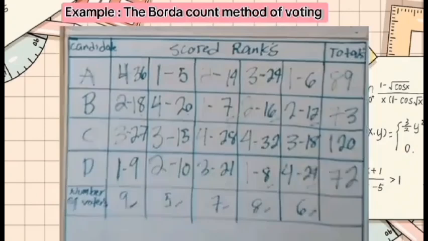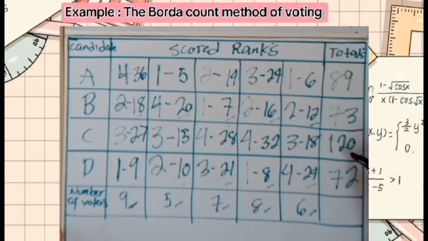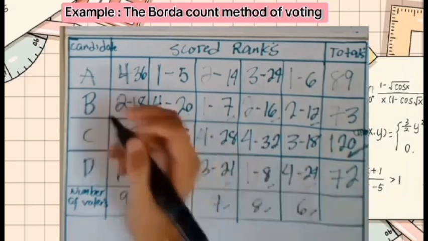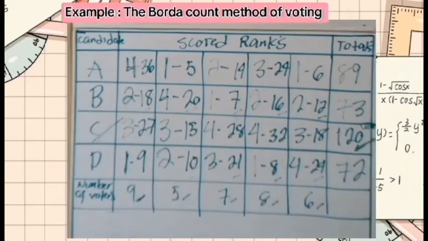So ayan yung kinalabasan niya. Kung sino yung pinakamalaki ang nakuha, siya yung mananalo. Halata naman na si candidate C ang nakakuha ng 120, na pinakamalaking points. So siya ang winner. So si candidate C ang panalo. That's all.